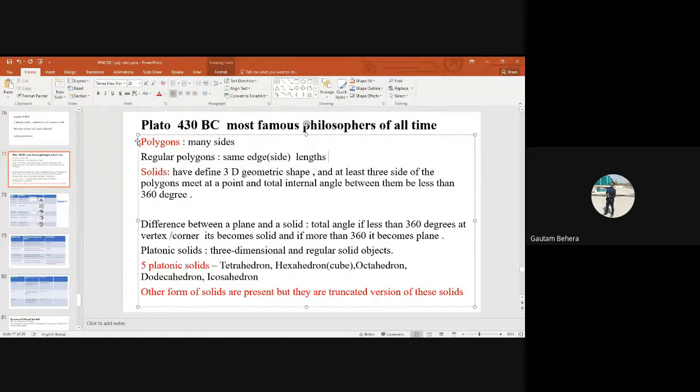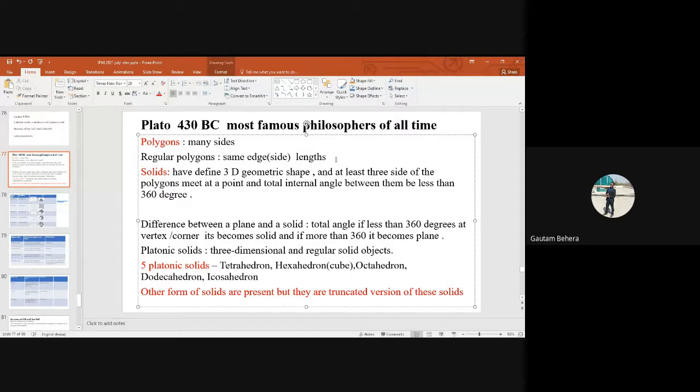So polygons means poly means many, gons means side, you can say, or face. Fine. Then regular polygons means what? They have the same edge length, or the sides are the same. The best example of a regular polygon is an equilateral triangle, for example.